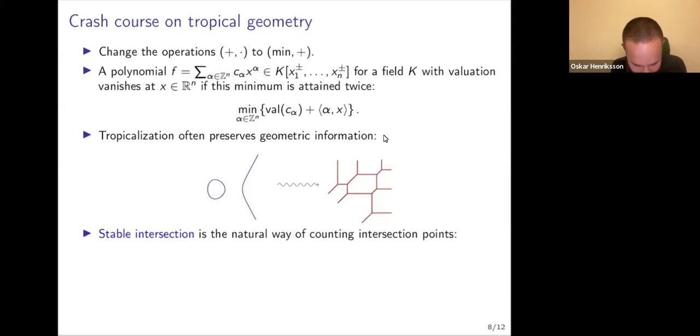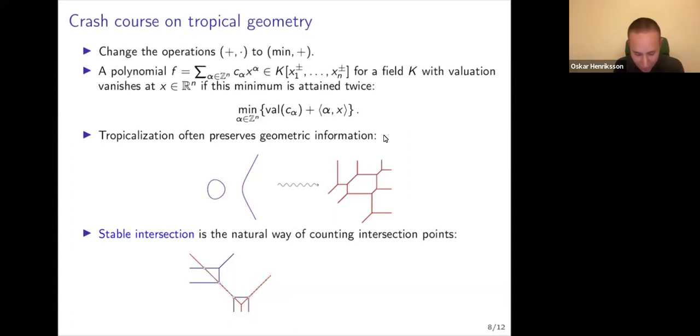Let me also just explain how you count intersection points tropically. You have to be a little bit careful. For example, here we have a blue curve and a red curve that we have intersected, and we only count these intersection points even if there are infinitely many points in the overlap between them.